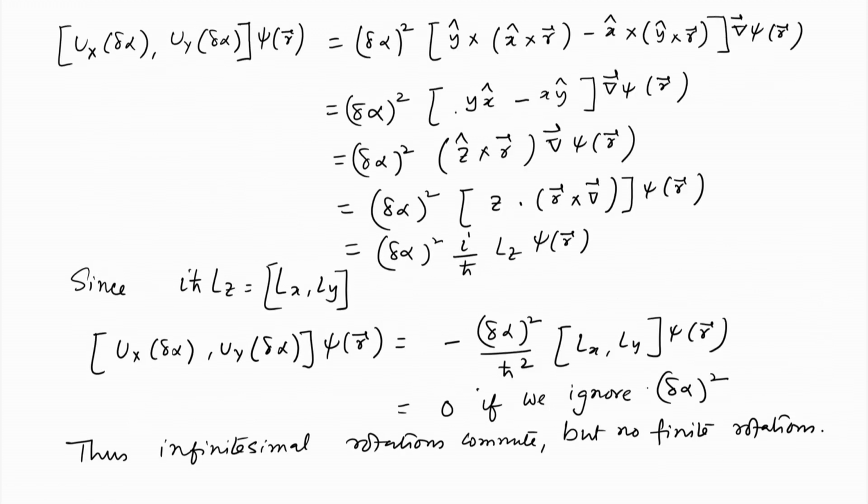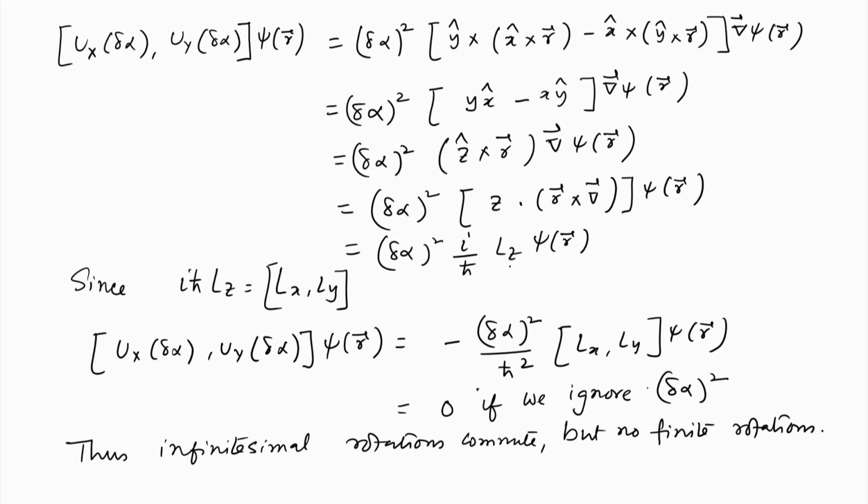If you follow the steps, it is very straightforward, and it becomes equal to delta alpha square i by h cross Lz psi of r. So, this commutation has only non-zero values up to order delta alpha square. If delta alpha is small and delta alpha square can be neglected, then this is equal to 0.